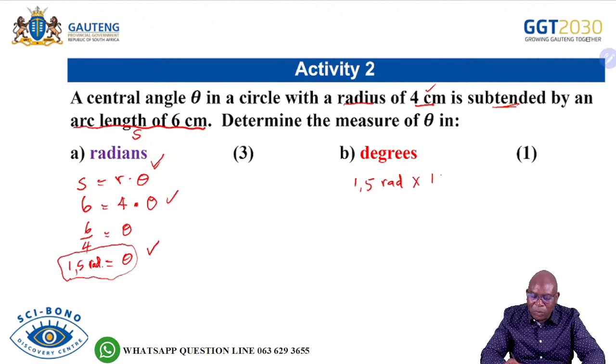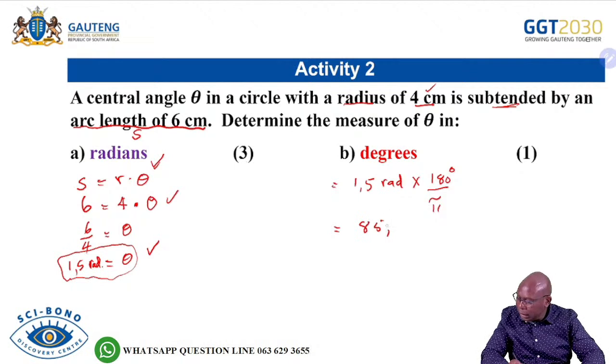Remember, it's going to be 180 degrees over pi, which means that now in degrees it is going to give me 85,9 degrees. Let me quickly check again.